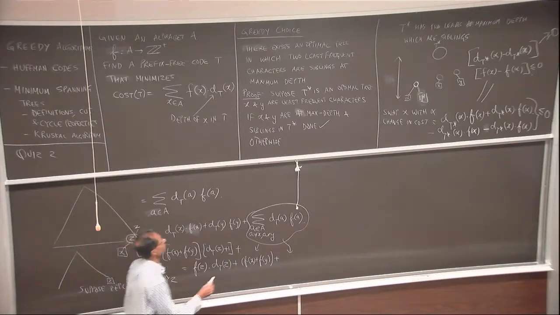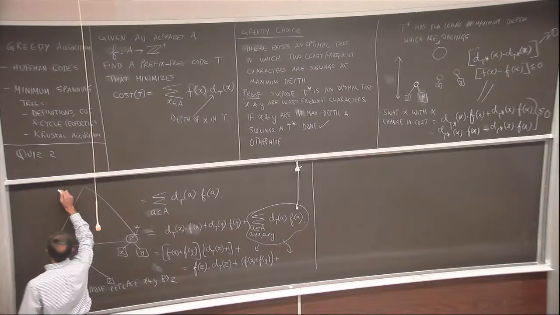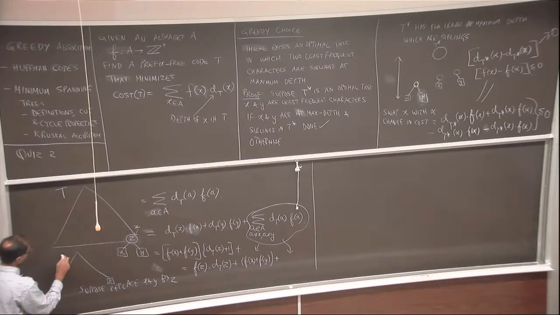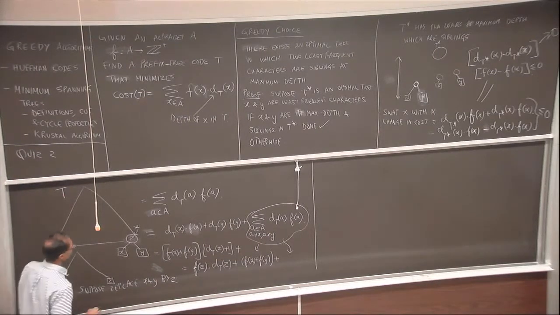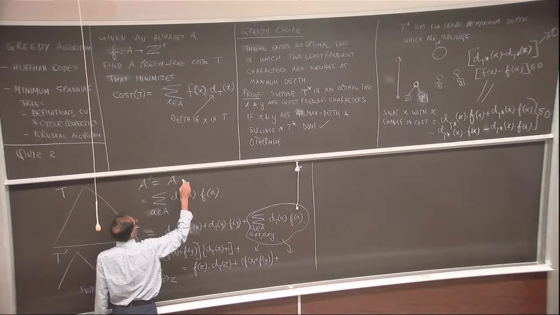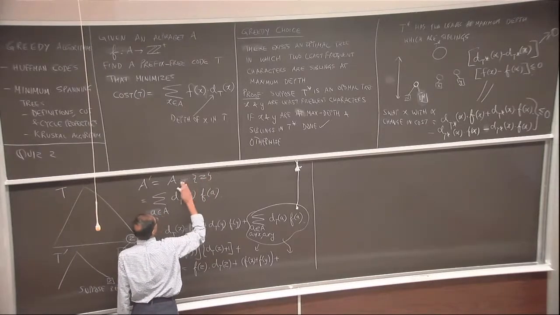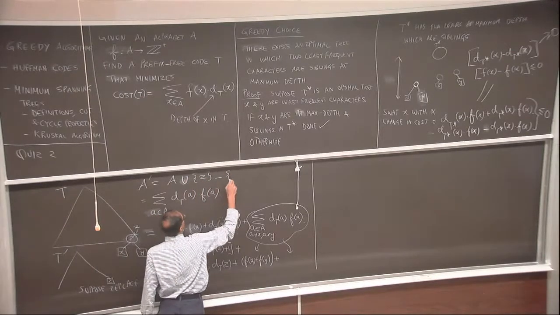So let's call this cost T, and let's call this tree T prime. Let's call the alphabet for T prime A prime, so I add z, but I remove x and y.